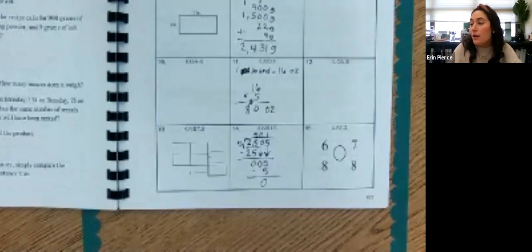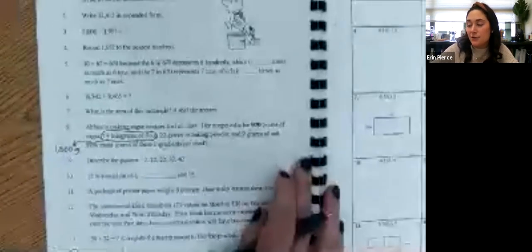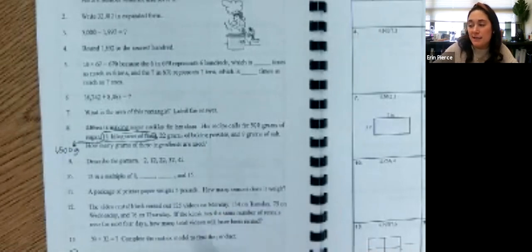Awesome. Number 5, 10 times 67 equals 670 because the 6 in 670 represents 6 hundreds, which is blank times as much as 6 tens. How much bigger is hundreds than tens? How many times bigger?